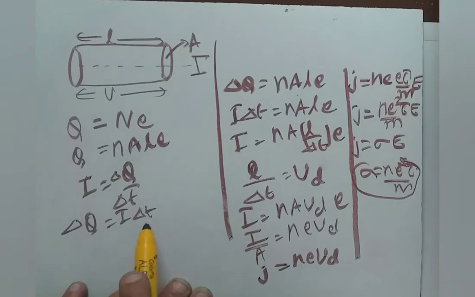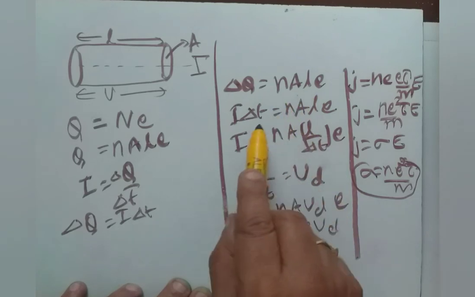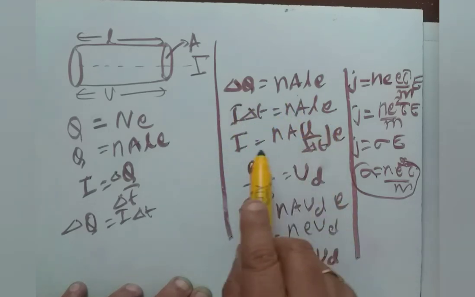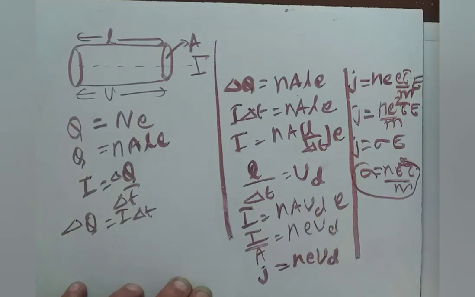But delta Q equals I delta T. For delta Q we can substitute N A L e, so I delta T equals n A L e. If you take delta T onto this side, n A L by delta T into e. L by delta T can be called the drift velocity, because it is the average displacement by the time taken. So from the definition of drift velocity, I equals n e A Vd.